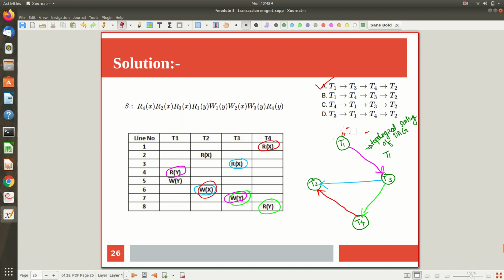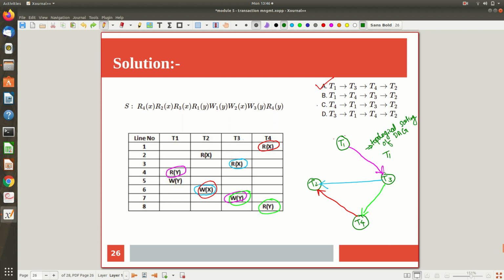So far it is going in a very systematic manner, and we have only one topological sorting possible. First I have to remove T1 as it has in degree 0, then T3 will have in degree 0, then T4 correctly gets in degree 0, then it is T2's turn.